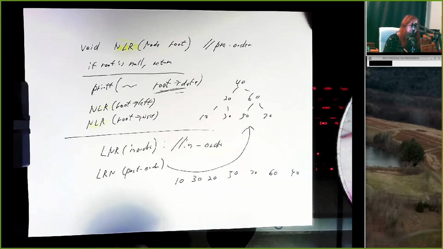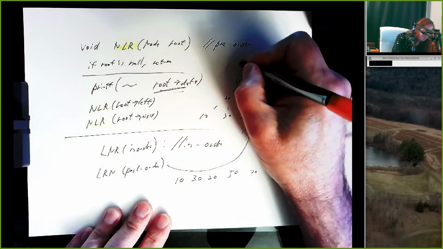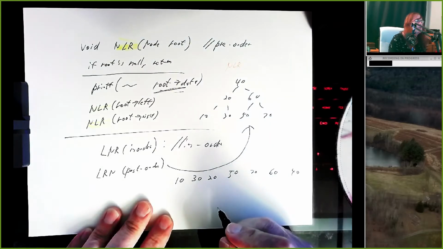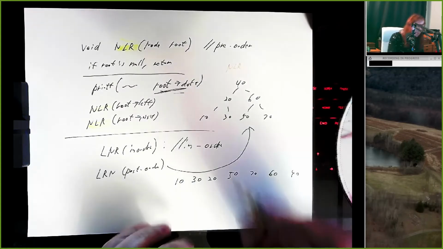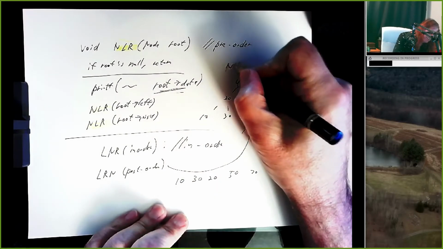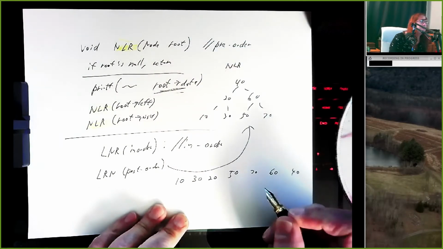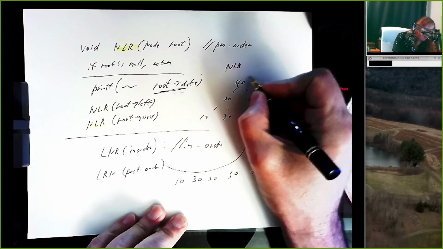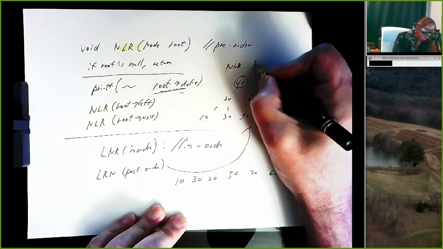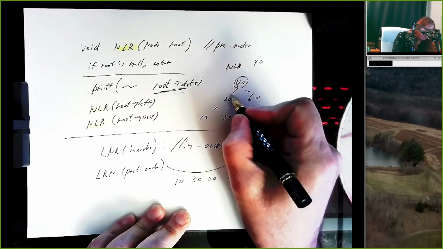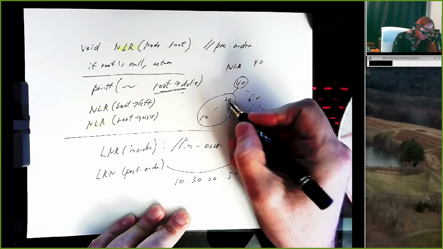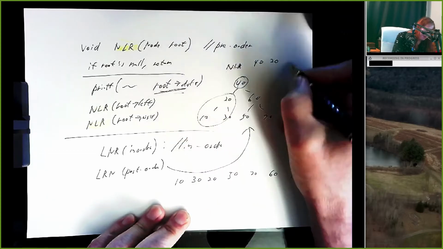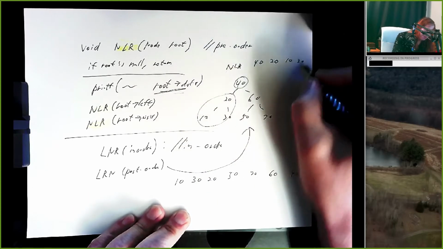Node left right. Let me do a different color here. Node left right would start here and print out the root node, so it'll print out a 40. And then it will traverse the left subtree. And to traverse that, first we'll print out the root node, and then the left, and then the right.